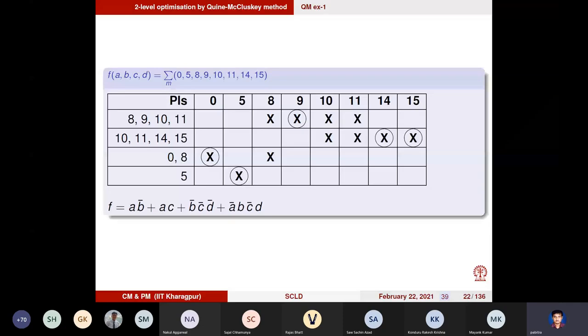Can anybody tell me what are the other essential prime implicants?